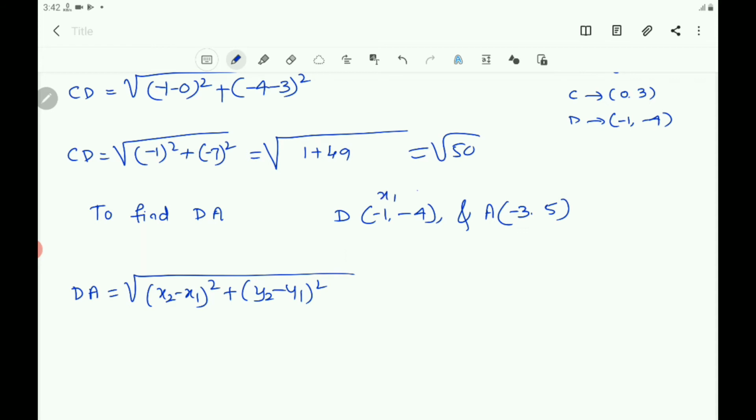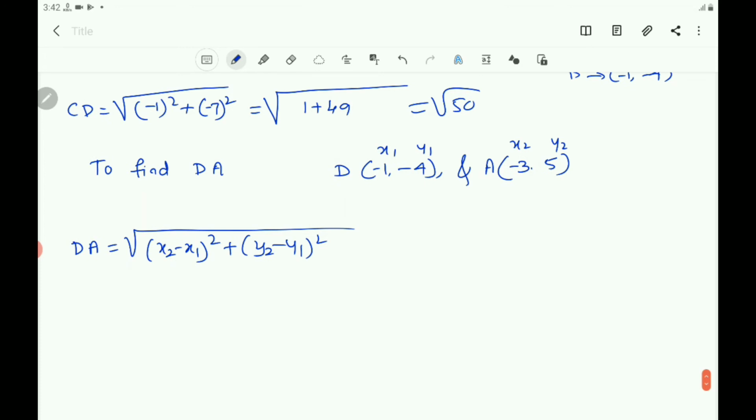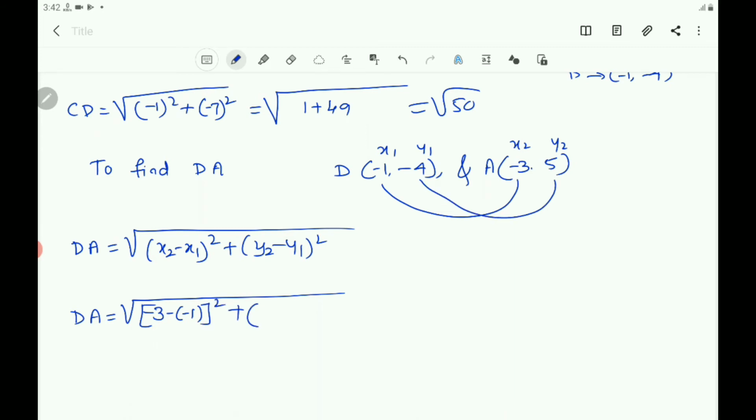So it is x1, y1, x2, y2. Then DA equals square root of x2 minus x1, that is minus 3 minus of minus 1 whole square plus y2 minus y1, 5 minus of minus 4 whole square.